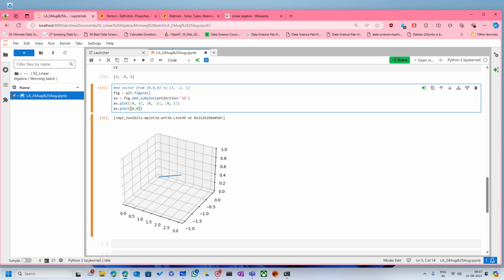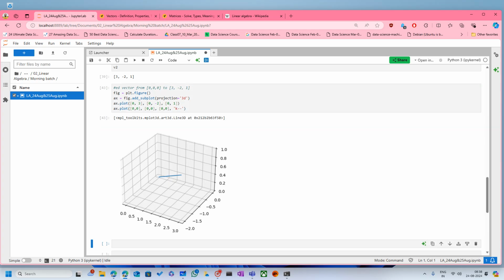These are just the dotted lines that I'm trying to add, just to represent the 3D axis. It's the same thing, just that I'm adding one additional coordinate system.